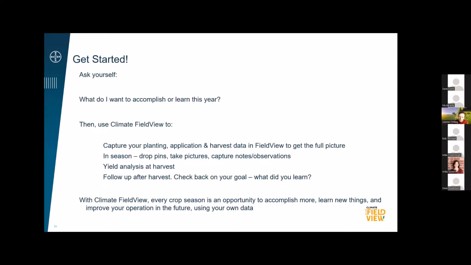After harvest, check back on your goal. What did you learn? And what do you want to learn for next year? Every crop season is an opportunity. You get one shot a year to figure things out. So I think this really helps you progress quickly within your operation, and you can gain a lot of efficiencies when you're using it on your farm.